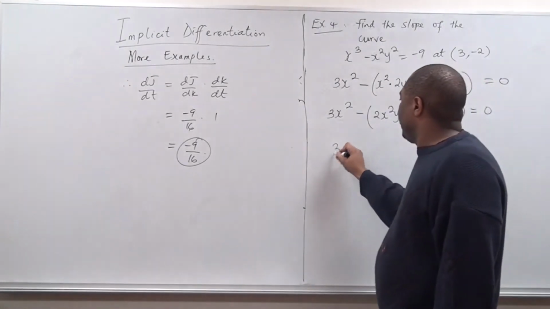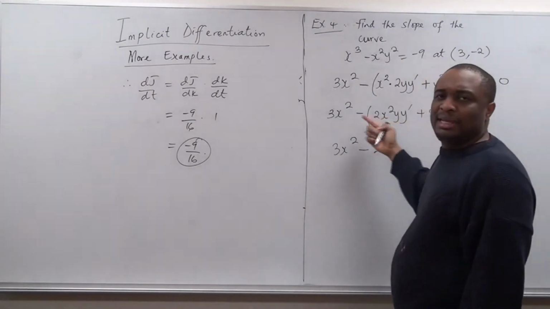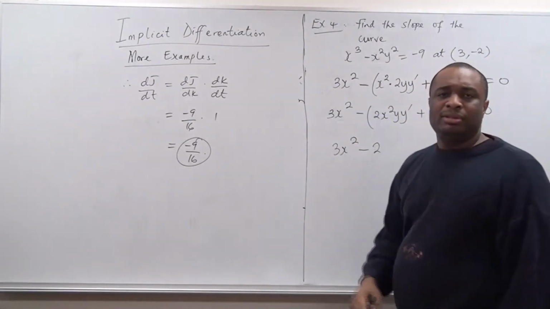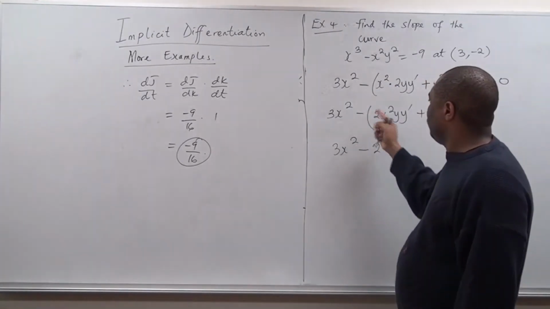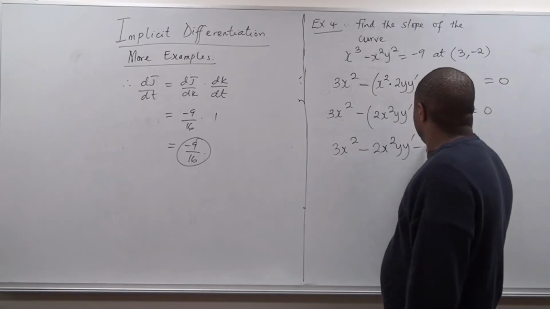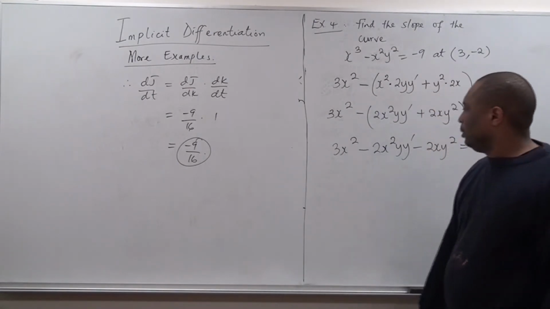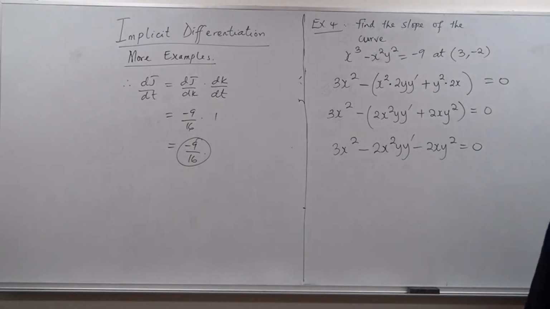So this will give us 3x squared minus, you now see that the negative will affect it. So use the distributive property, this is negative 1. It will affect it: 2x squared y prime minus 2xy squared equal to 0. Okay, we don't want to deal with negatives.